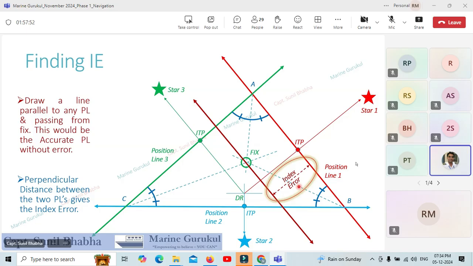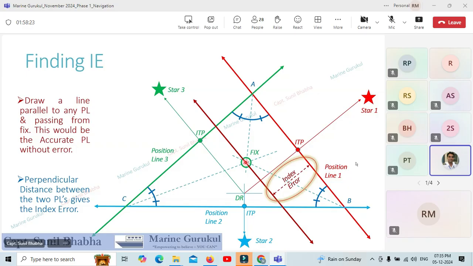Now, as I told you earlier, this index error can be obtained from any of the three position lines. You may use the blue color PL and follow the same procedure, or you may use the green color PL and follow the same procedure. In all the three cases, you will be getting the same index error. The reason is that this point, the fix, is the intersection point of all the three angle bisectors.